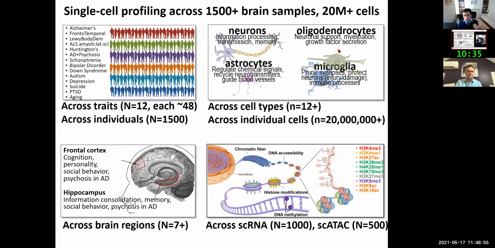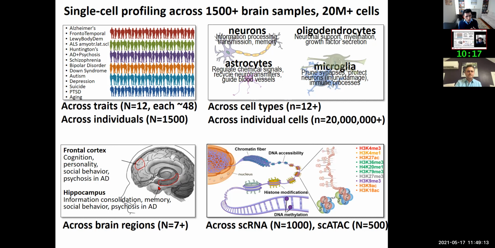We've discovered dozens of subtypes of neurons, both excitatory and inhibitory, many subtypes of astrocytes, more than a dozen different subtypes of microglia, and many different subtypes of vasculature cells from the brain, as well as from many other tissues in the body.